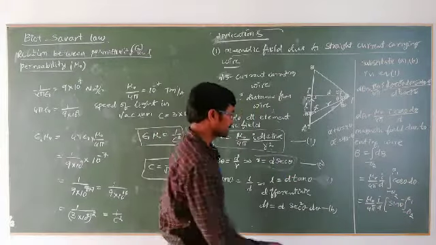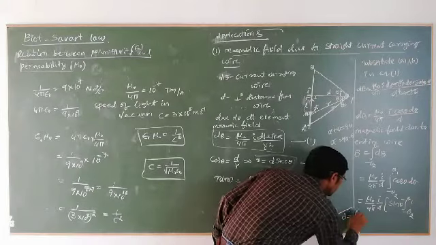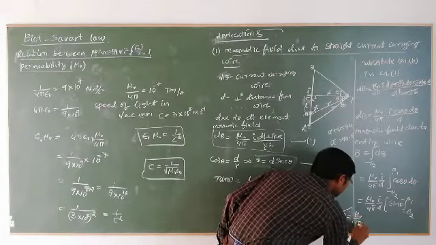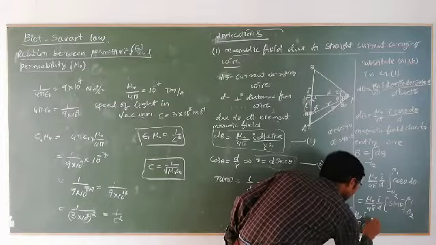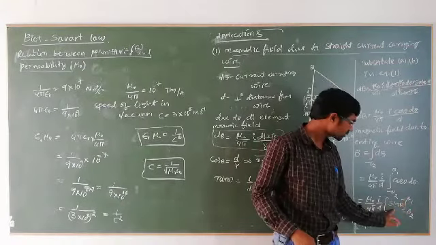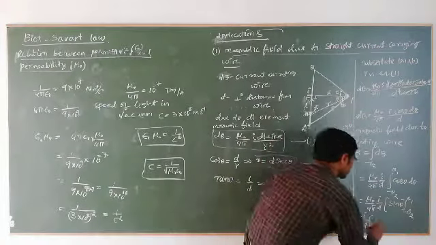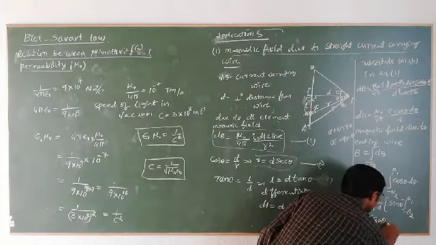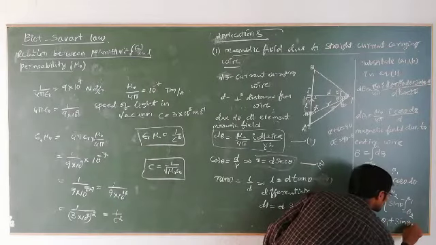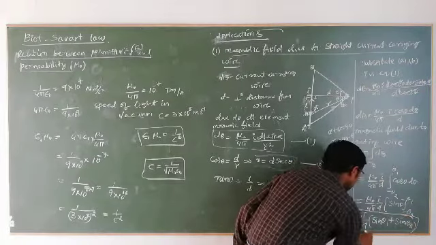So what can we write here? B is equal to mu naught by 4 pi I by d into, first we apply sin theta 1 minus sin of minus theta 2. Then sin theta 1 plus sin theta 2 is the magnetic field due to the entire length of the wire.